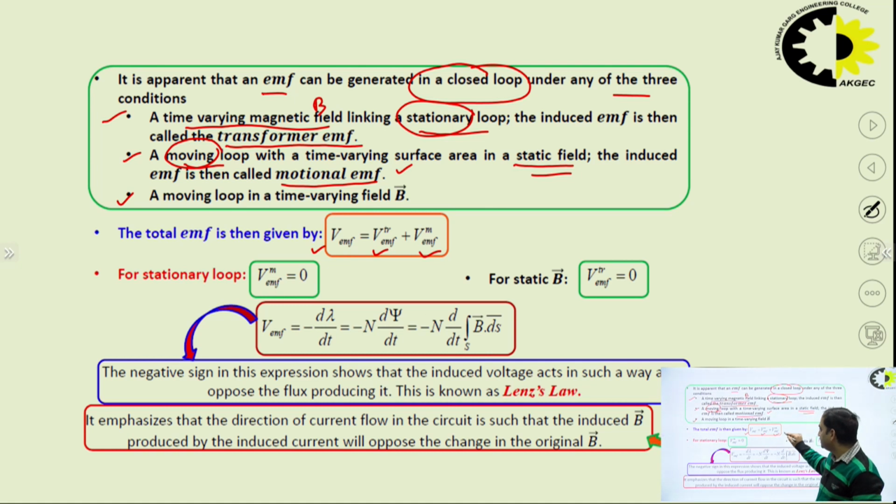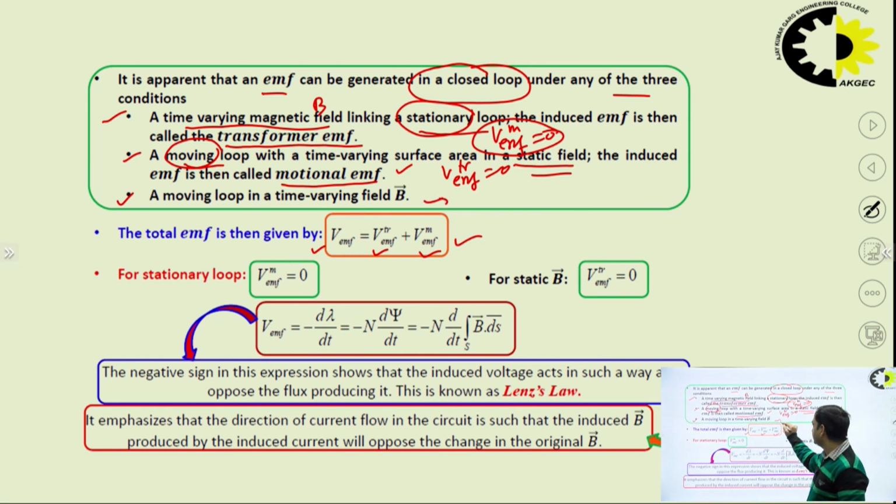Okay, so in this equation we see, when we talk about the first case, a time varying magnetic field linking with the stationary loop, there is no motional EMF. So V_EMF motional will be equal to 0 because we have the stationary loop. In the second case, V_EMF transformer will be 0, right?